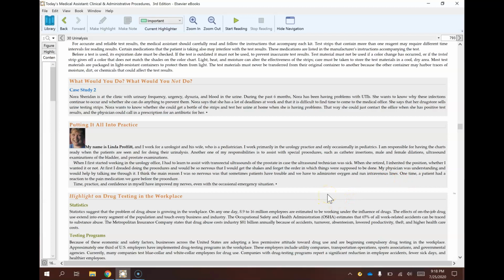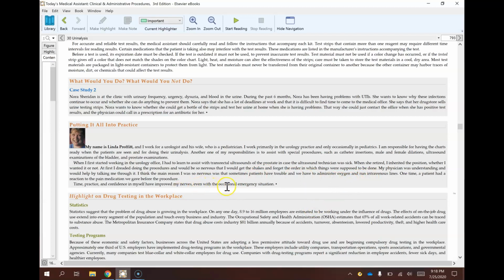At first, she didn't like doing it because she was nervous and she would forget in what order things needed to be done. She says her physician was understanding and would help by talking her through it. The main reason she was nervous is sometimes patients have trouble and oxygen needs to be administered and IV lines need to be administered. As you know, neither of those are things that an MA can do.